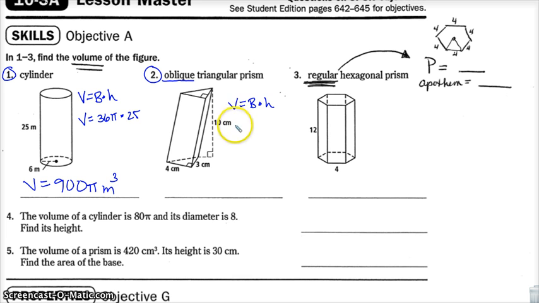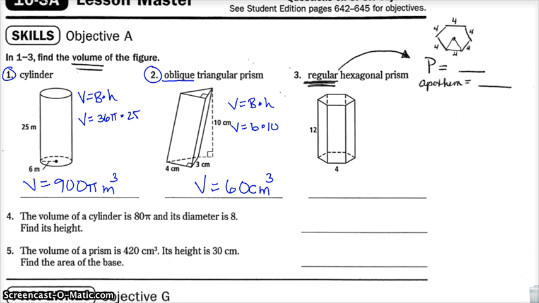Area of the base times the height. In this situation, the area of my base was 6. My height is 10. That brings me to a grand total of 60 centimeters cubed.